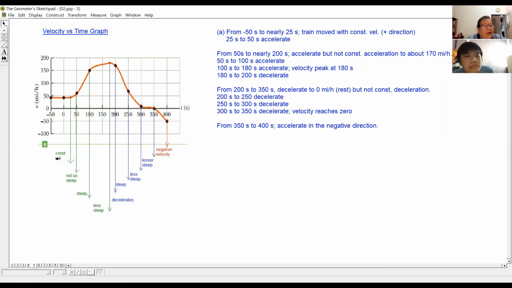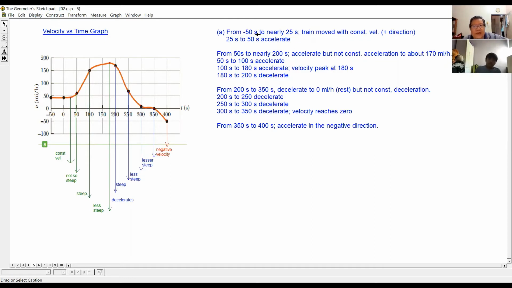The first part of the journey is from 0 until this green line here. So it is actually flat. Flat means the velocity is 50 miles per hour, right? So it means that it's traveling with constant velocity.